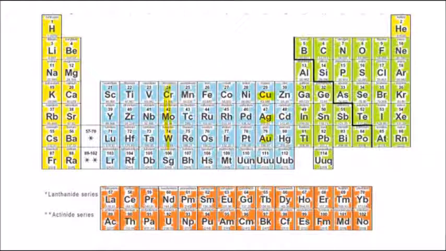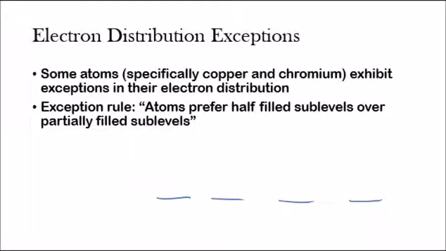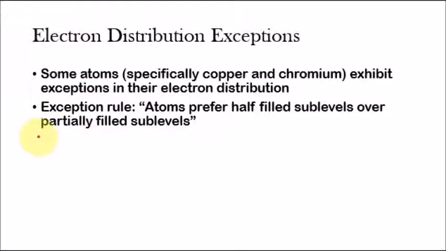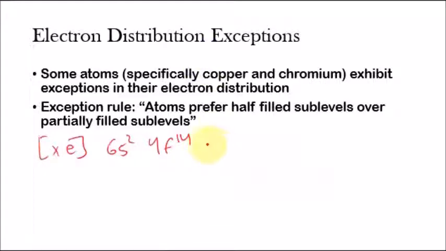So let's just look at tungsten. The electron configuration there, let's write the noble gas configuration, would be xenon 6s2, 4f14, and then 5d4.